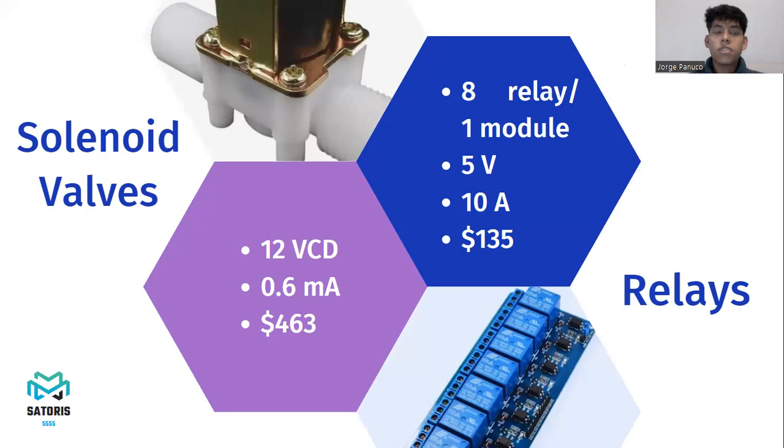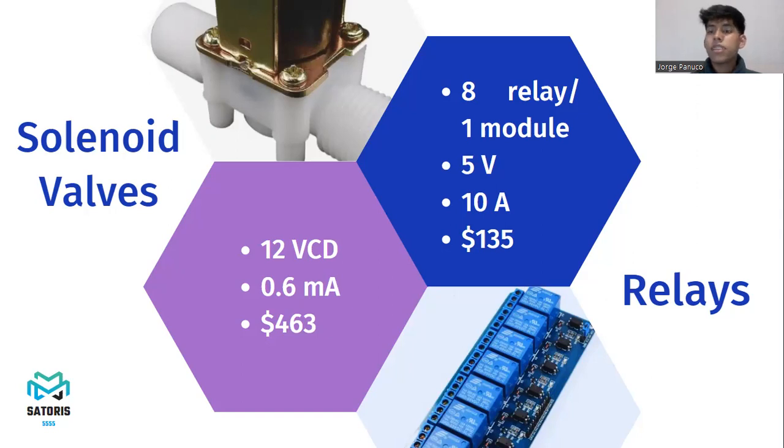So it's going to be very useful for our project. It has 12 volts of direct current, uses 0.6 milliamperes, and its cost is 463 Mexican pesos.